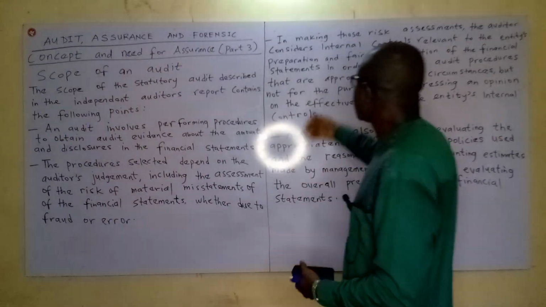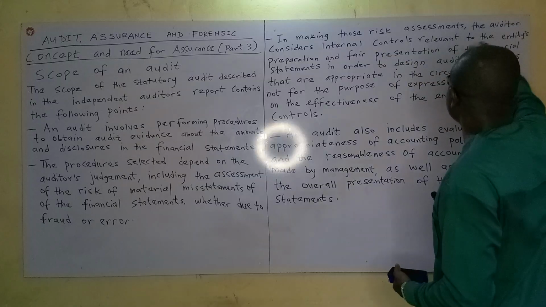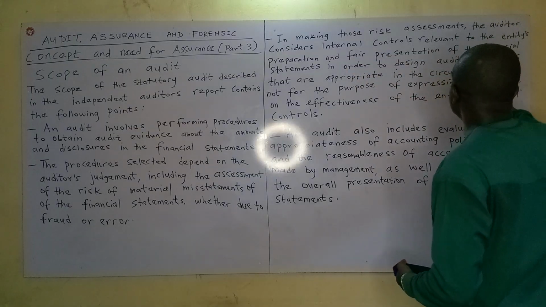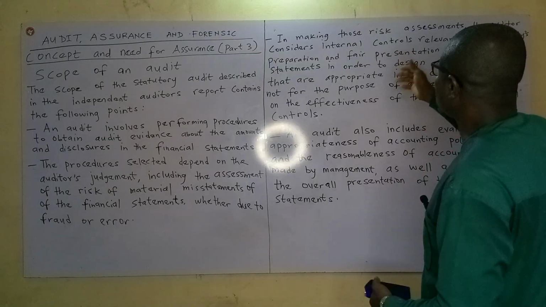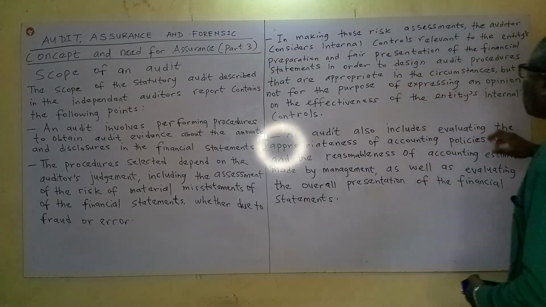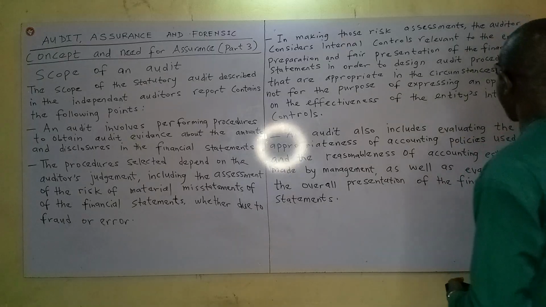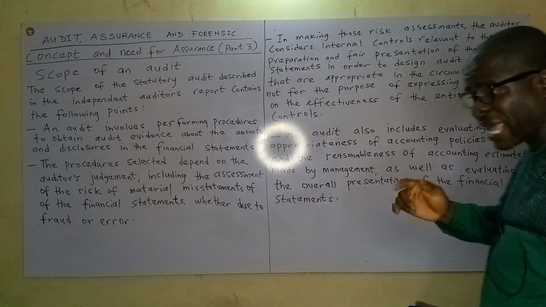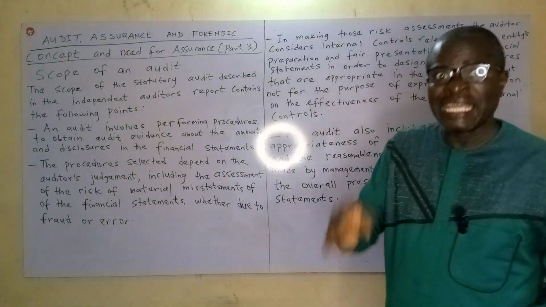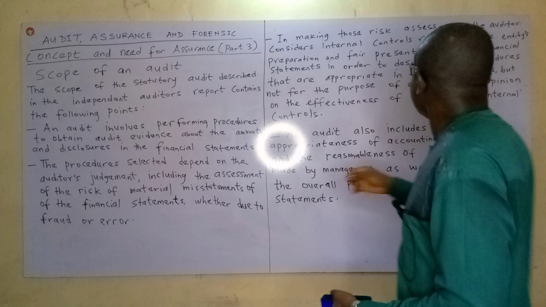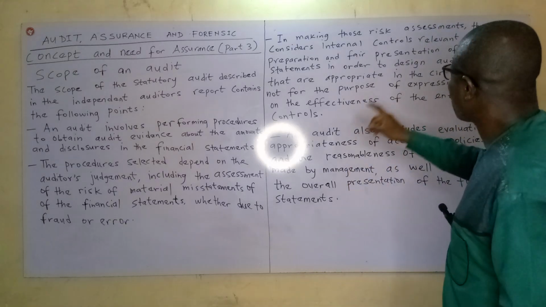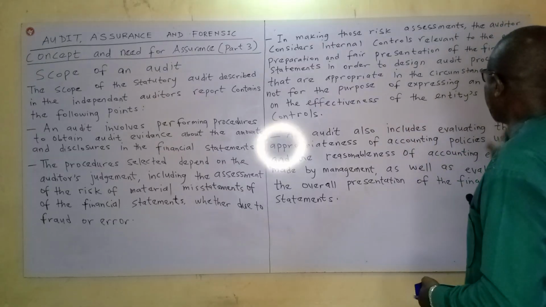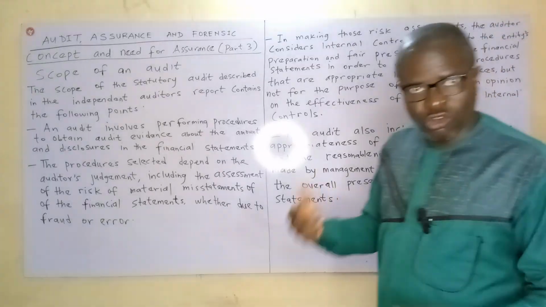The next thing here is that in making those risk assessments, the auditor considers internal controls relevant to the entity's preparation and fair presentation of the financial statement in order to design audit procedures that are appropriate in the circumstances, that is, in the circumstances of the client that is being audited, but not for the purpose of expressing an opinion on the effectiveness of the entity's internal control.